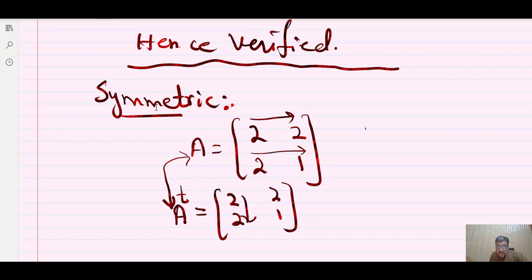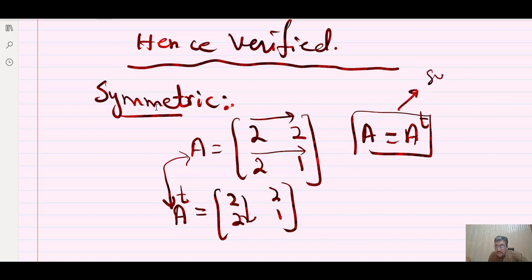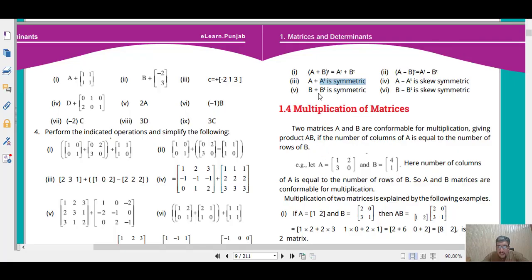If we take the transpose of a matrix and it is equal to the original one, it is known as symmetric. If we get A equal to A transpose, it will be symmetric. So if we have A plus A transpose and we take the transpose of it, and it is the same, it will be symmetric.